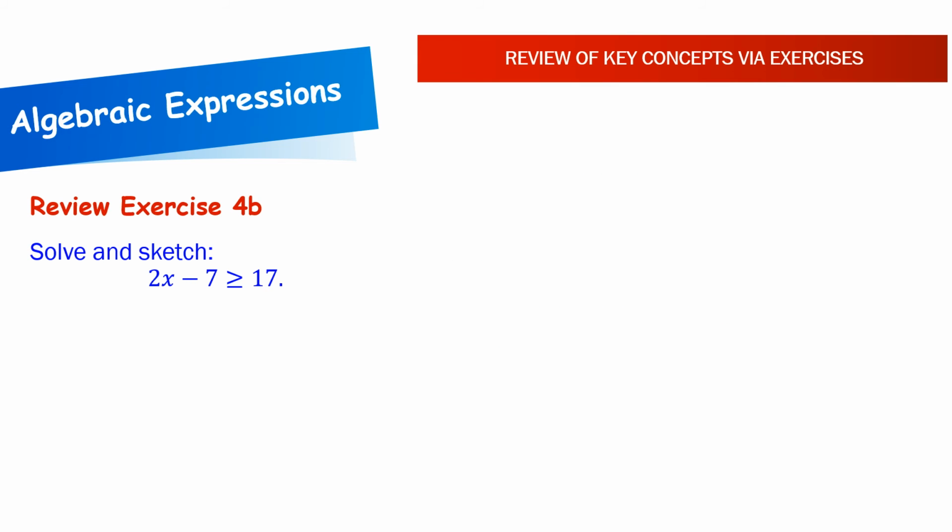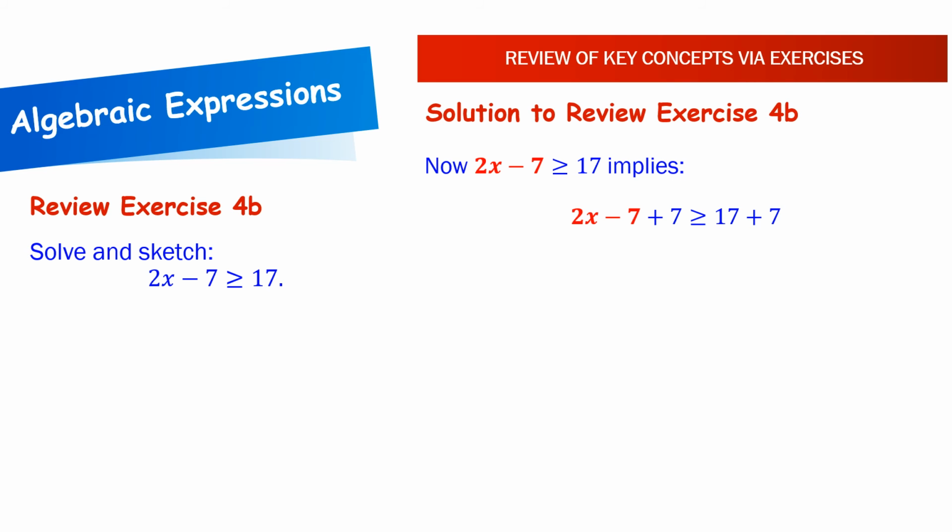Now for exercise 4b, we are required to solve and sketch 2x minus 7 is greater than or equal to 17. Adding 7 to both sides gives us the equation shown. And tidying up gives us that 2x is greater than or equal to 24. And therefore x is greater than or equal to 12.